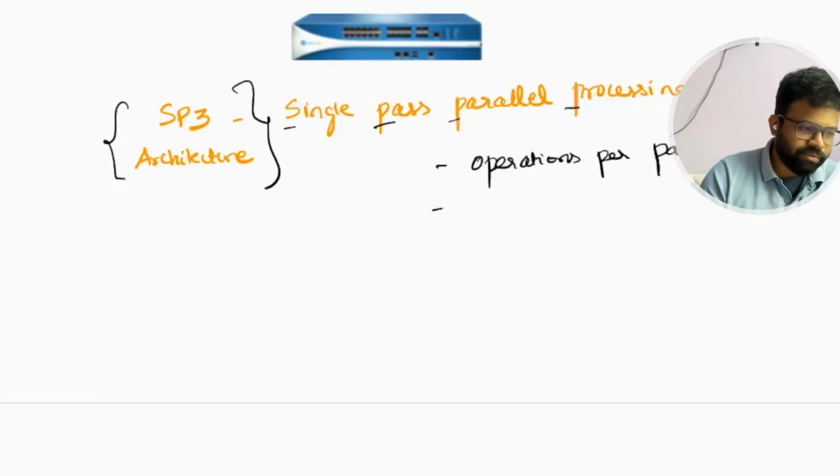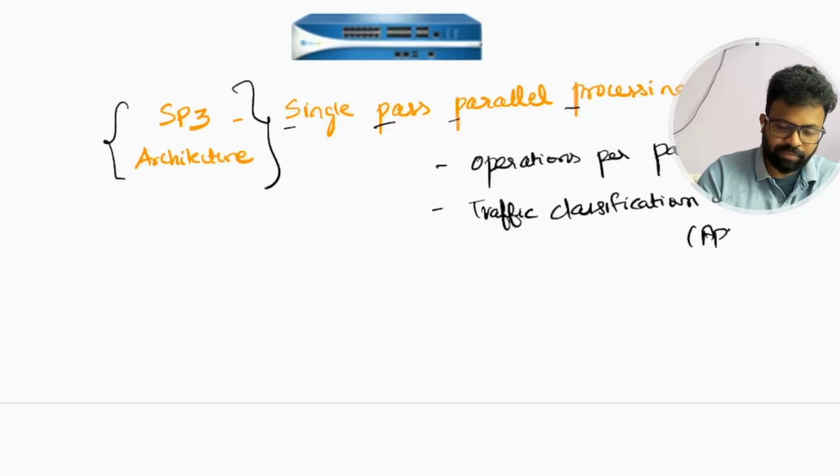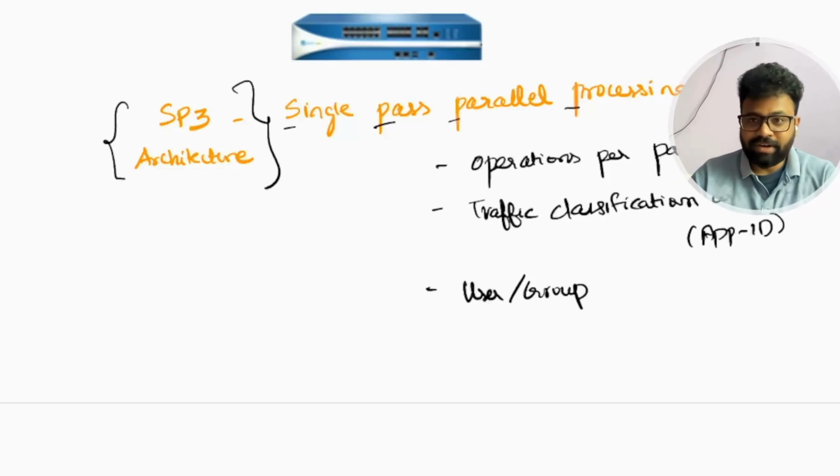Second, it performs traffic classification based upon the application. That's the reason we already mentioned the app ID concept there. Second, user or group mapping. So you can control the traffic based upon the user ID also.